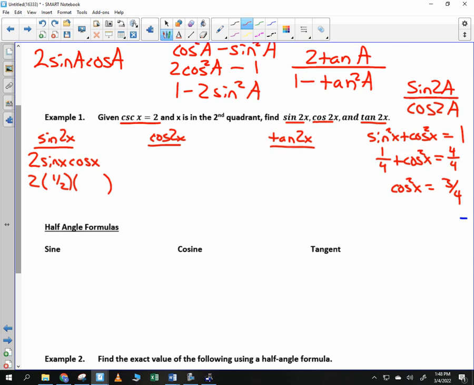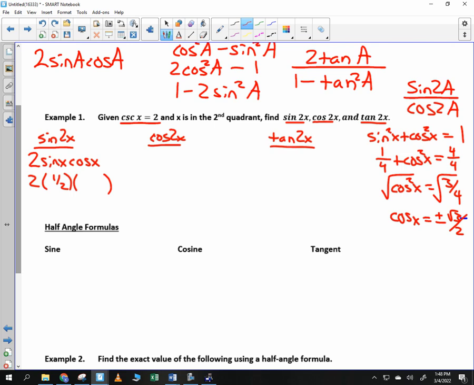And then we square root both sides. We get cosine of x is equal to plus or minus the root of 3 over 2. Which is 30 degrees. Excellent. It is 30 degrees, but this is not a 30-degree angle.